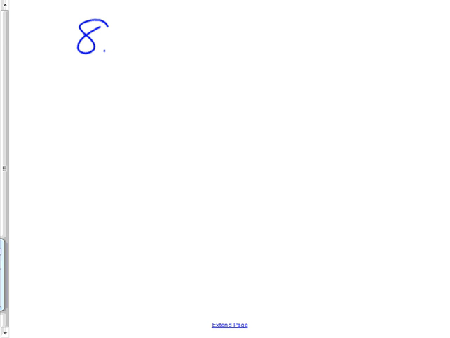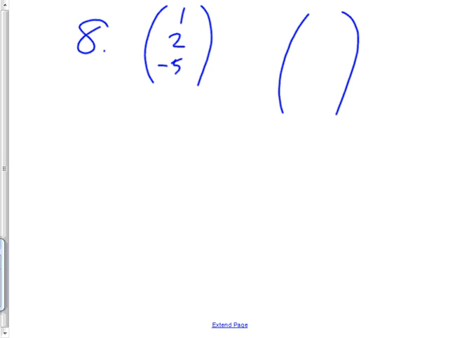I'm going to give you 2 points: 1, 2, -5, and the other point, again these can be anything, -6, 2, and 1. I want you to make me a vector that goes through this point and this point, but I'm going to ask you to make it go like this, where the head end is at the -6, 2, 1.